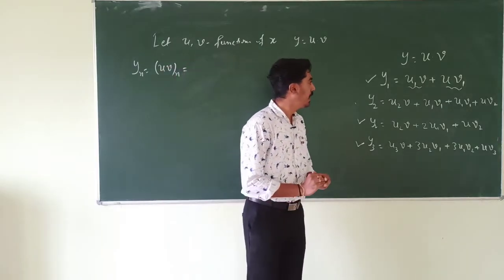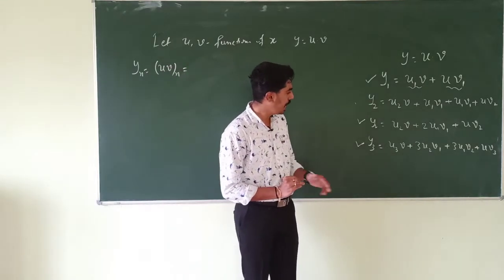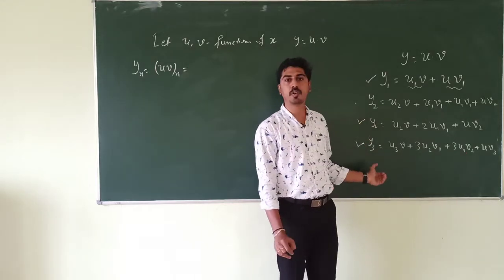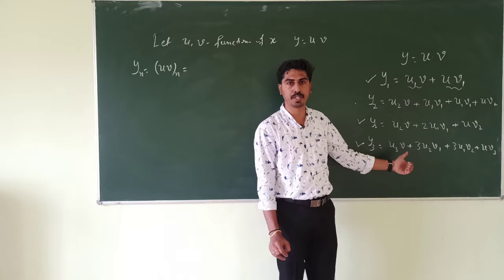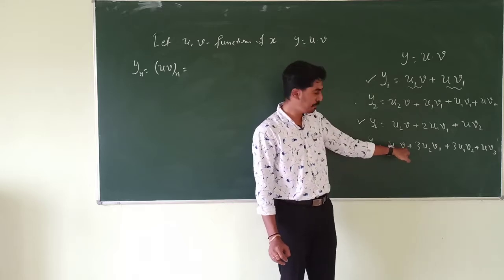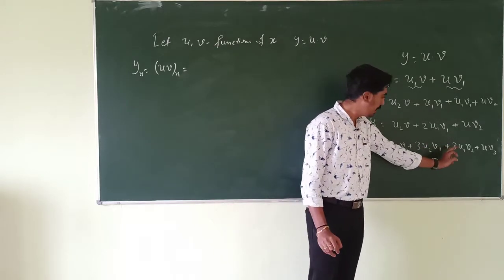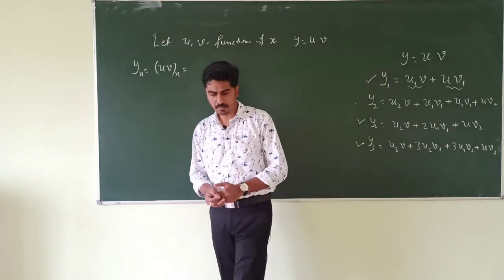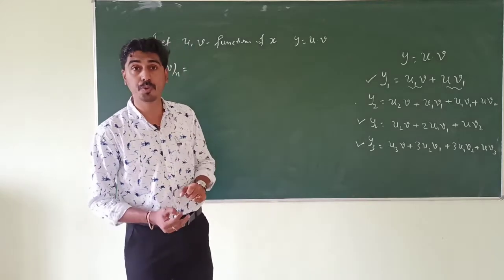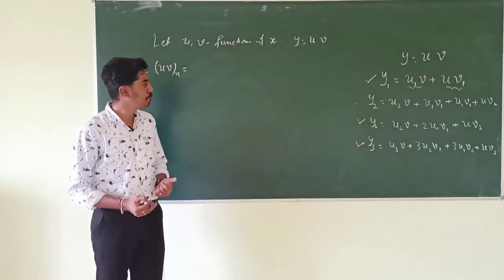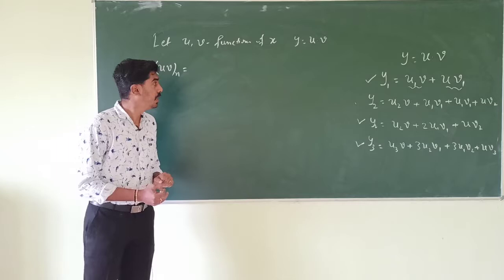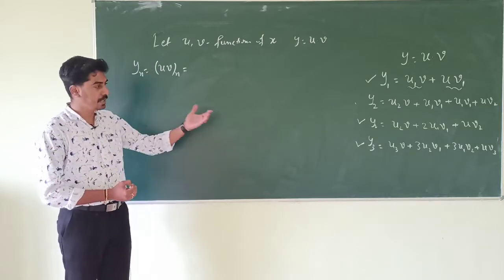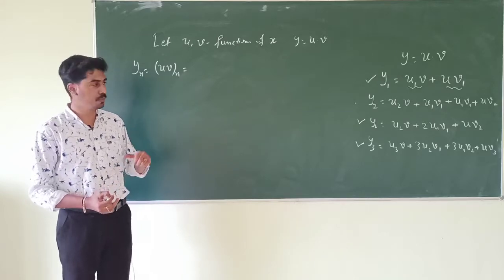And the second observation, every term contains a derivative of u and a derivative of v. Here we have u3v, u2v1, u1v2, uv3 and so on. Every term has a derivative of u and a derivative of v. Here in the nth derivative, every term should contain a derivative of u and a derivative of v.